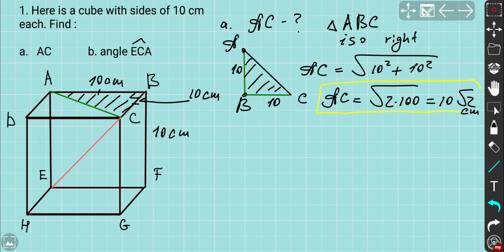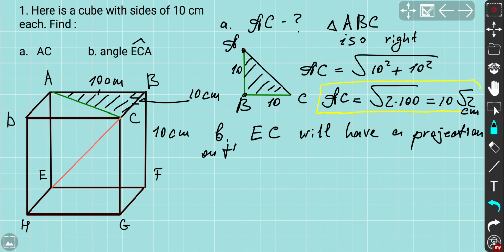ABCD. So remember, what do you know about projections? We're doing part B, and here we need to figure out the projection. So basically EC will have a projection on the base ABCD. How do you perceive projection?